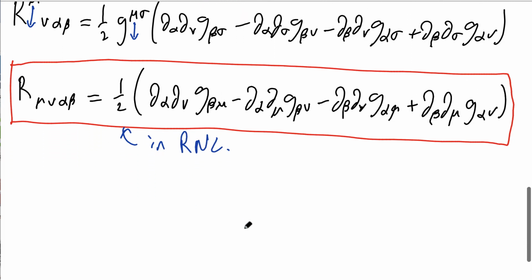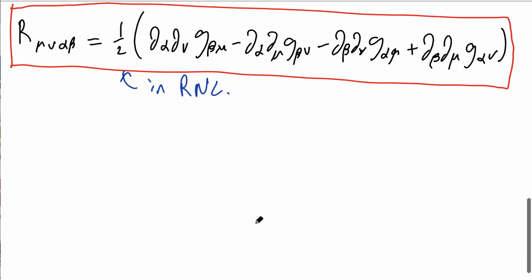Now let's use this result to examine the symmetries of the Riemann tensor. And for the moment, let's pretend that we don't already know that the Riemann tensor is antisymmetric in its last two indices. So examining this expression, we can pretty easily recognize that this is antisymmetric if we exchange alpha and beta.